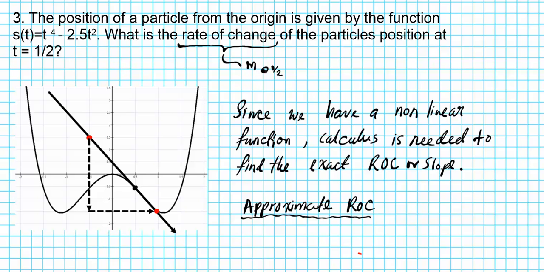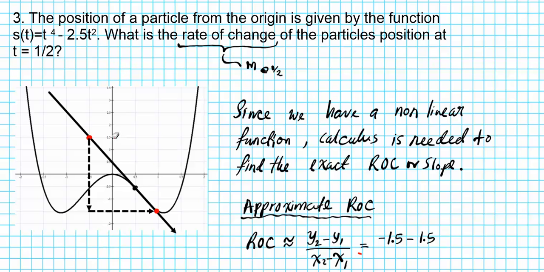Okay, so the rate of change is going to be approximated using y2 minus y1 divided by x2 minus x1. Our y2 minus y1 is just the rise. If you drop from 1.5 to negative 1.5, you have negative 1.5 minus 1.5.